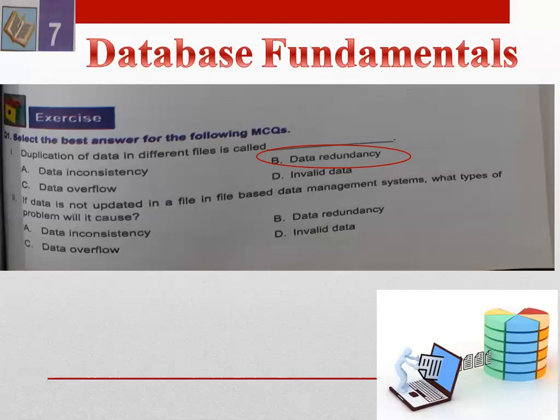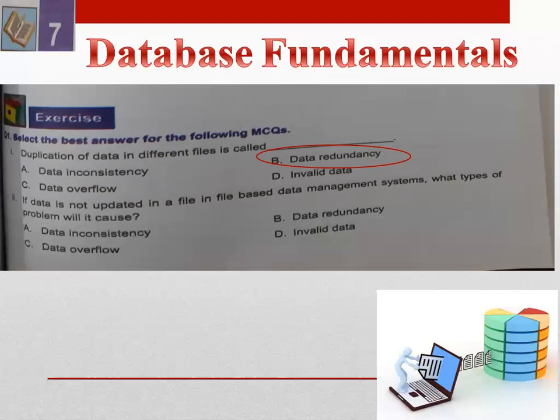Number 2: if data is not updated in a file, in a file-based data management system, what type of problem will it cause? A, data inconsistency. B, data redundancy. C, data overflow. D, invalid data.